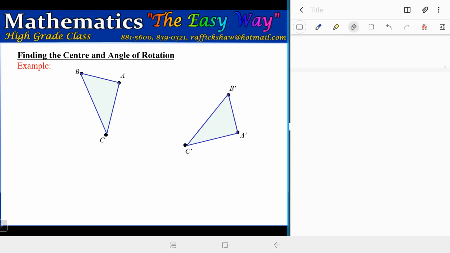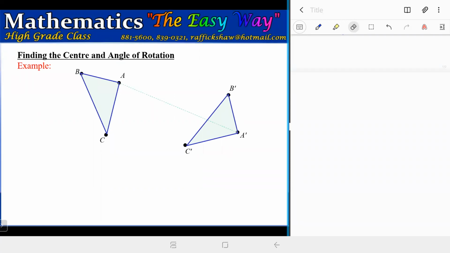So it goes through a rotation, and you want to find the center and the angle of the rotation. The thing is that you have to find the center first. The center is on the perpendicular bisector of the lines joining corresponding points. All right, so let me show what I mean by that now.